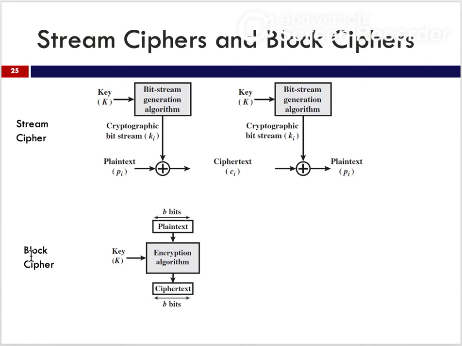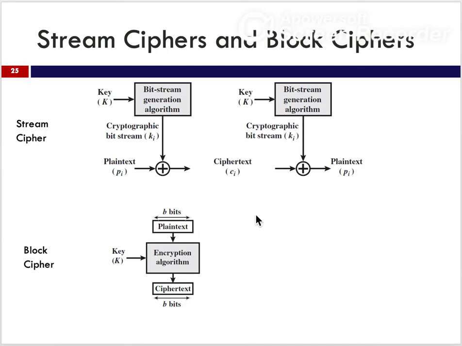In case of block ciphers, whatever our original message is, we divide it into blocks. Each block is of length b bits. To the encryption algorithm, we give as input one block of plain text and the key, and we get the corresponding ciphertext block.